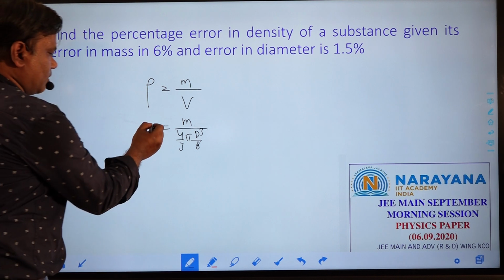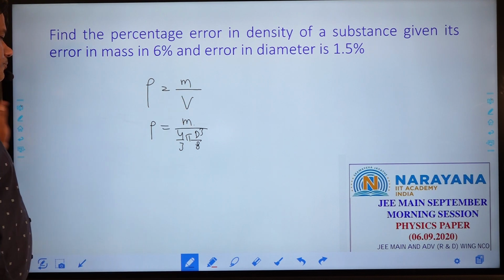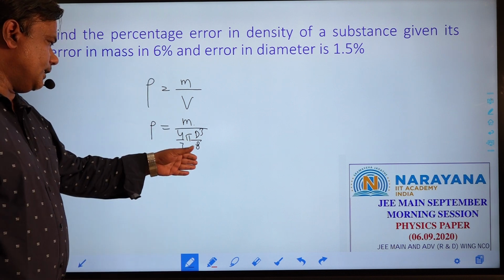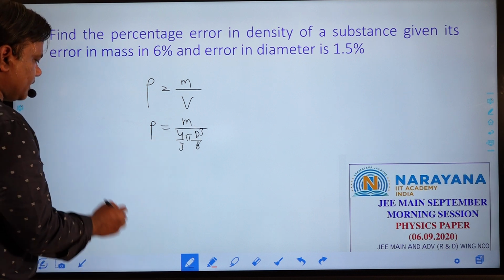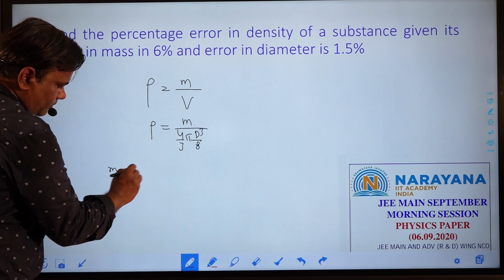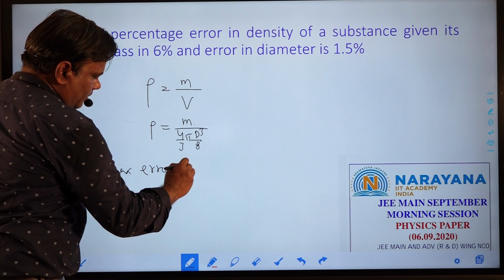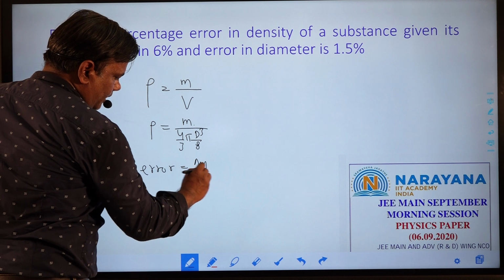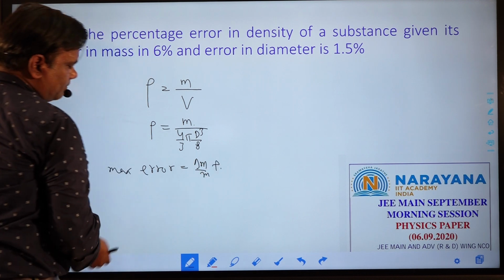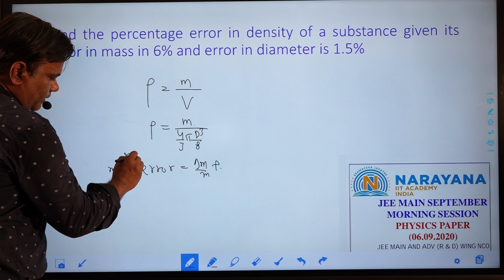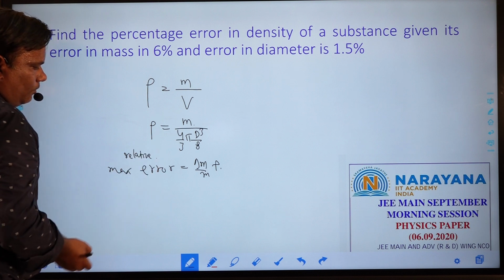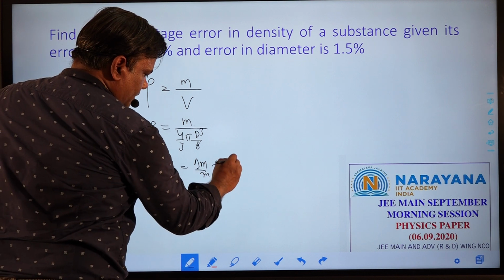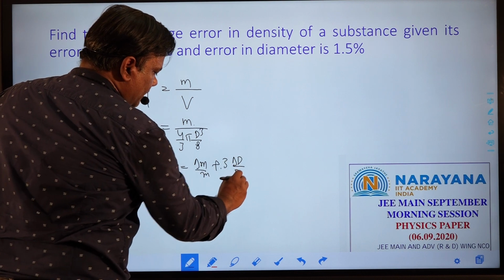So based on the error analysis, all of you know that if there are 2 quantities which have been measured and been divided, then the relative errors will be added, and this has been powered to the 3. So maximum error in the result will be equals to the error in the calculation of m, that is delta m by m, plus 3 times relative error in the measurement of diameter.